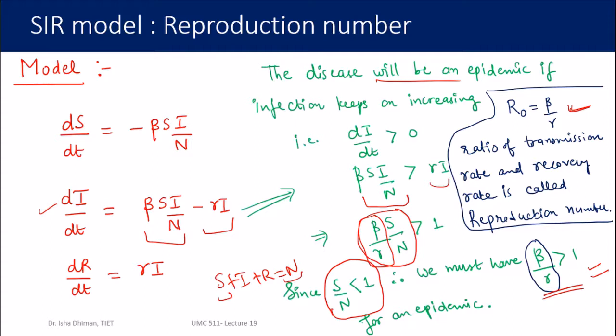That's how important a quantity the reproduction number is, and everybody is trying to get an answer for what the reproduction number for COVID-19 is these days. Because the data is not very consistent, it varies from country to country, so nobody so far has been able to give one answer. Sorry, it's not a rate, it's actually a dimensionless number because it is the ratio of two rates, so it doesn't have any units.